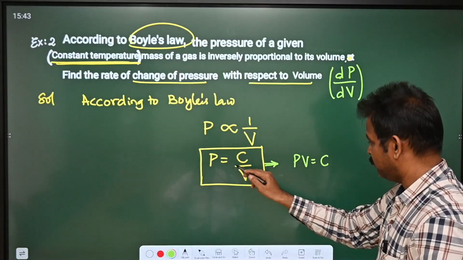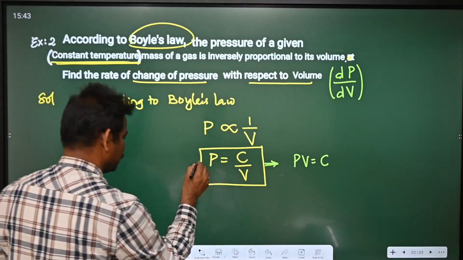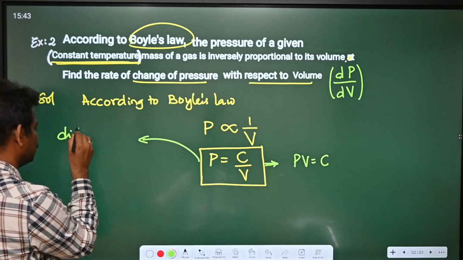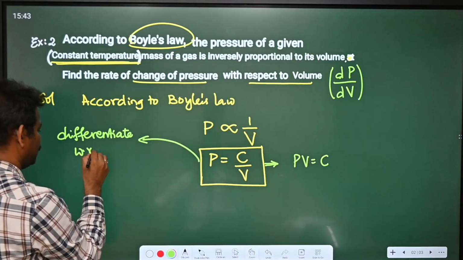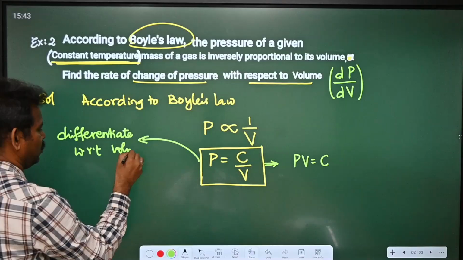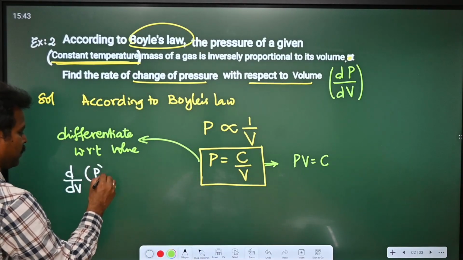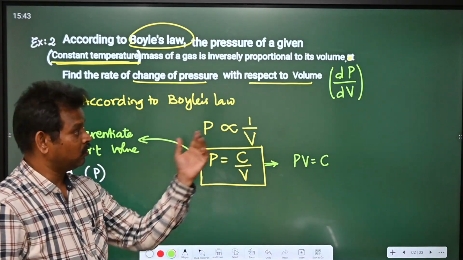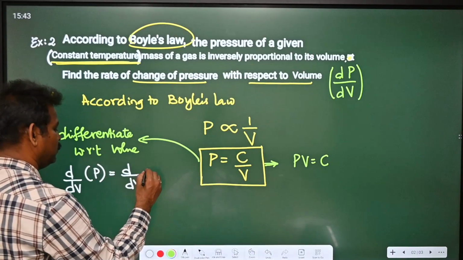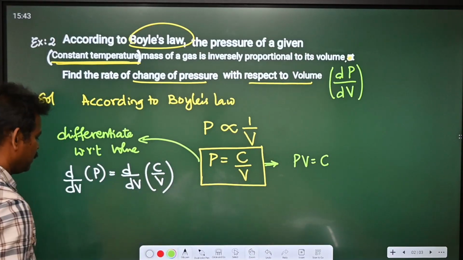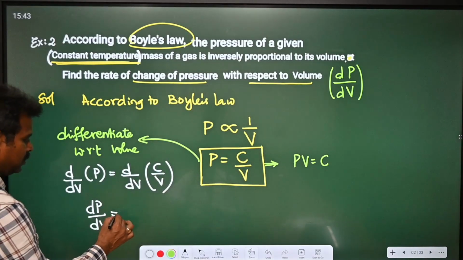From this, if you differentiate this equation with respect to volume, this expression can be written as d by dV of P. I am differentiating left side with respect to volume, that is what I want, dP by dV. Right side also we have to differentiate with respect to volume only. Now we need dP by dV.